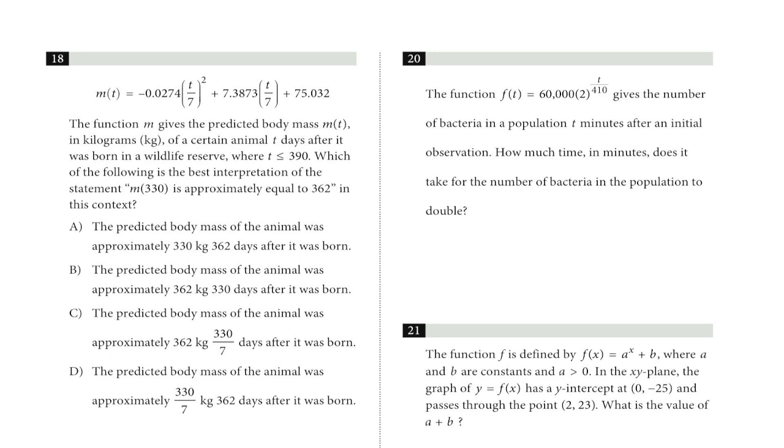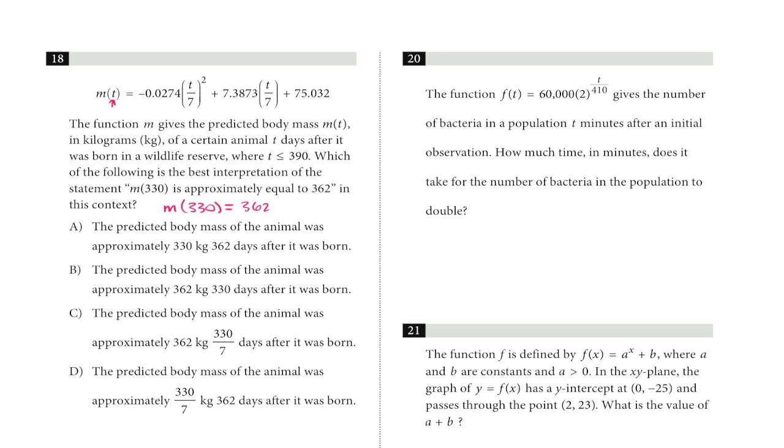Which of the following is the best interpretation of the statement m of 33 is approximately equal to 362 in this context? So another way to write that is m of 330 equals 362. So I'm just making that more of a math way to write that rather than saying it as words. Well, remember, inside our parentheses based off this function up here is t.